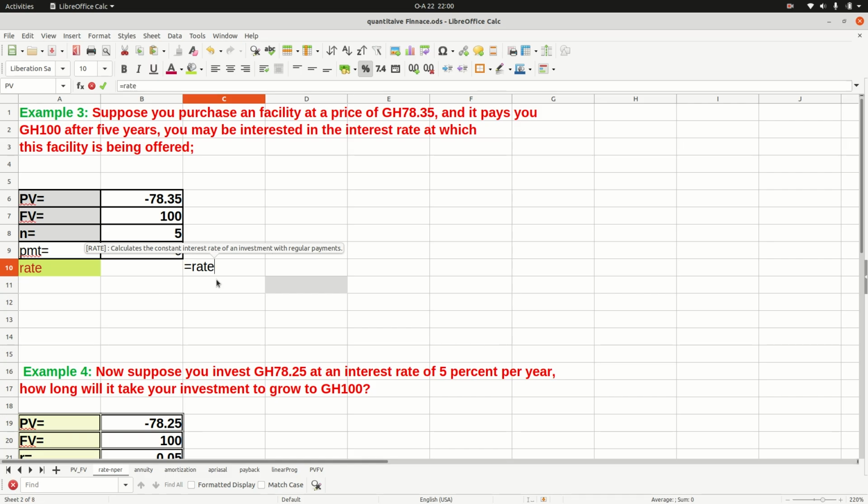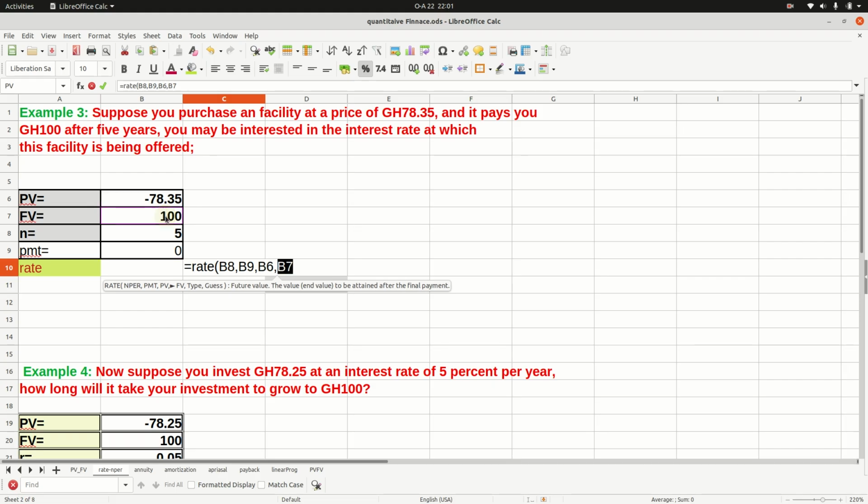Excel says it calculates the constant interest rate of an investment with regular payment. So RATE, open bracket, the number of periods, I select this 5. The PMT, regular payment, is 0. There's no irregular payment, it's one lump sum. My PV is that. My future value is this.